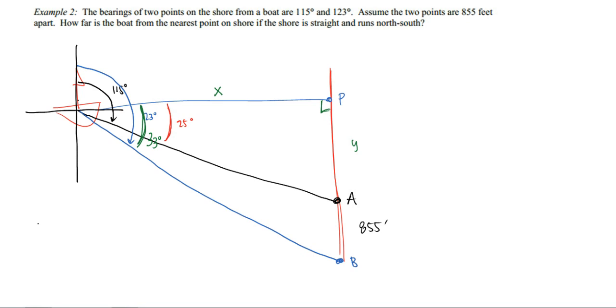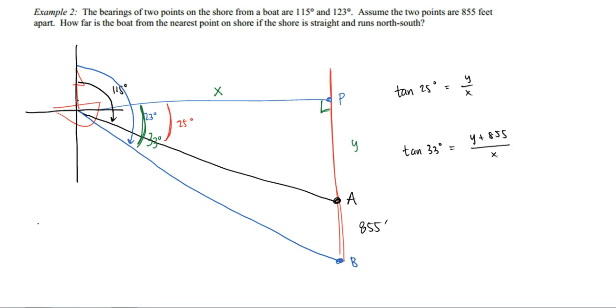So first thing I'm going to do is try to figure out a triangle for my boat to point A to point P, and that's definitely going to be tangent. So the tangent of 25 degrees has to be equal to y over x. And I also have an equation for the other point to point B, which is going to be the tangent of 33 degrees is equal to the opposite, y plus 855 over x.